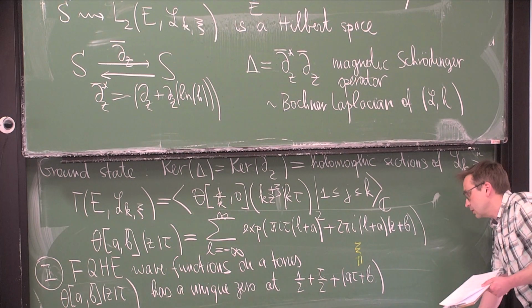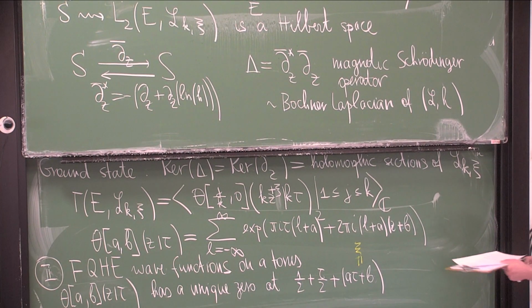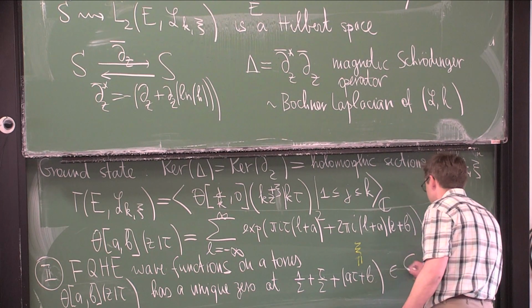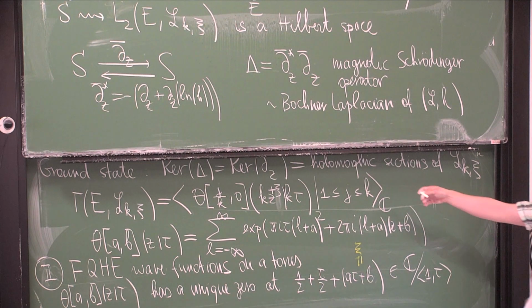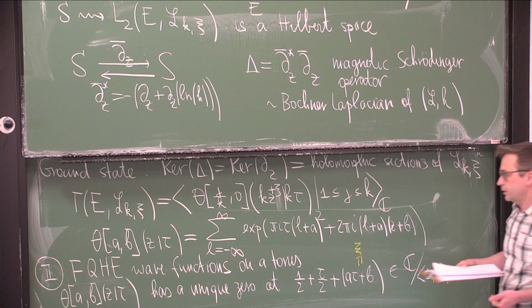Of course it is unique modulo the lattice, but as a section of a line bundle, there is a unique vanishing.